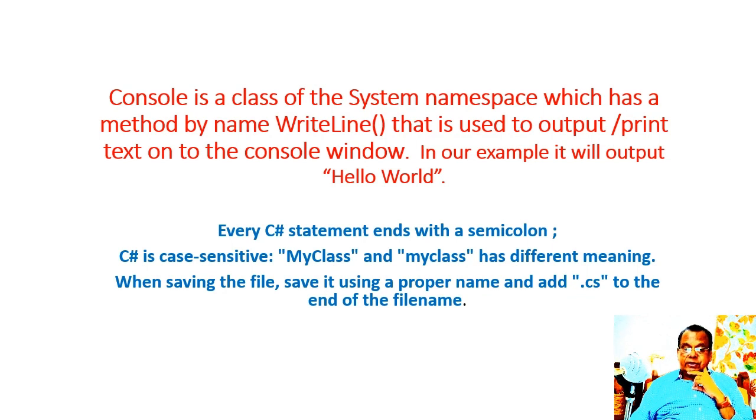So MyClass, where M and C are capital letters, and myclass, where all letters are lowercase, have different meanings. When saving the file, save it using a proper name and add .cs to the end of the file name.